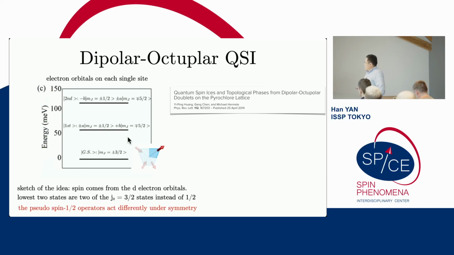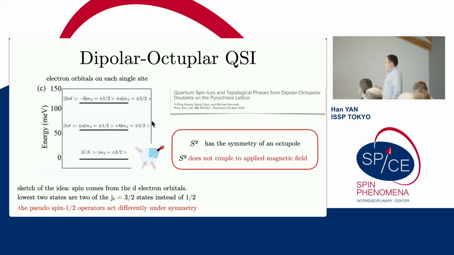In this dipolar-octupolar pyrochlore spin material, the ground state pseudospin-half is not made of real spin-half. Instead, it is made of these mJ equals plus-minus 3/2, bigger spins. As a consequence, when you look at how it behaves under the lattice symmetry, it is different from a real spin-half.